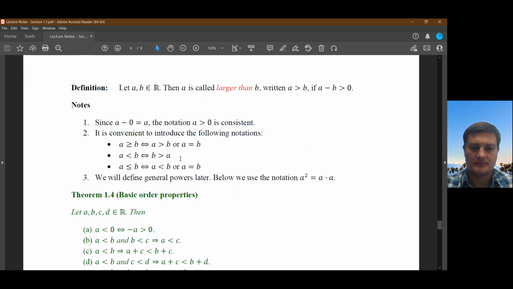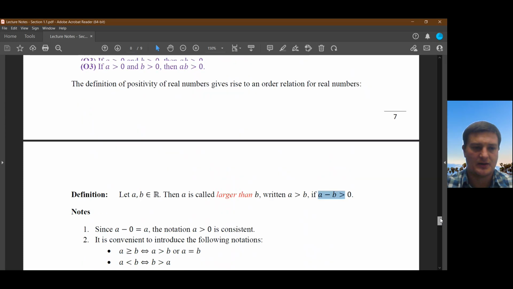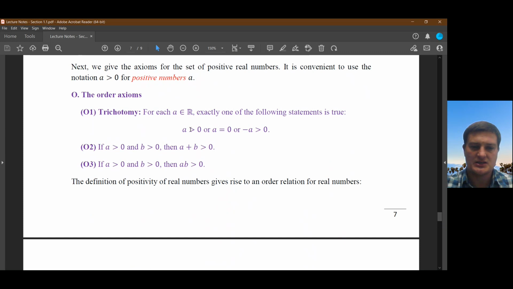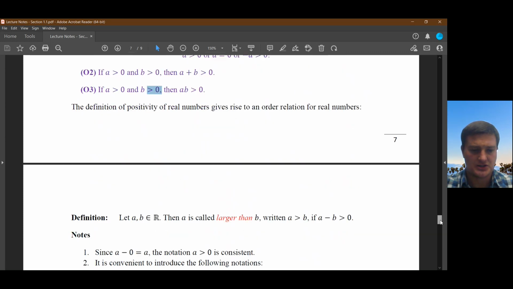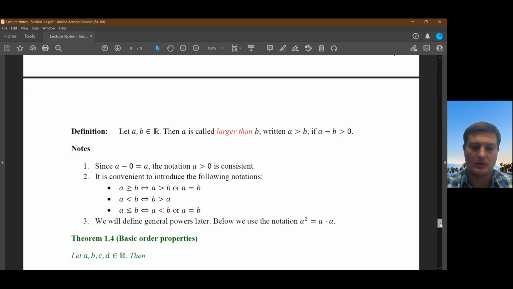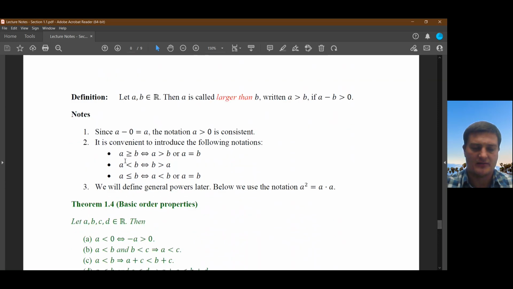Once it's defined as greater than, we can make use of A minus B to get it greater than 0. If you look at the three order axioms, you will see each one of them requires a greater than 0 before you can use them. So if I give you any question where you need to make use of the order axioms, say a question involving these three inequality symbols, the first step would be to convert the inequality symbol into a larger than symbol.